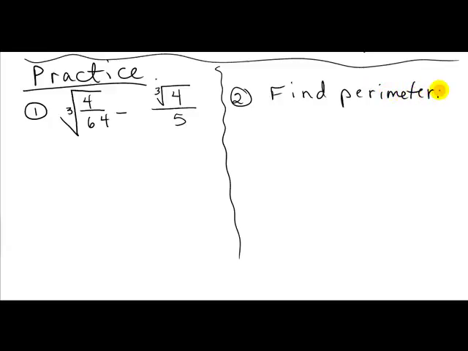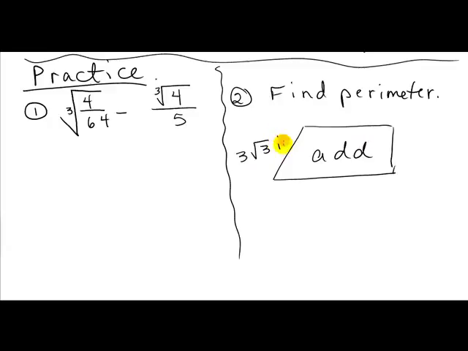Remember, to find the perimeter of a quadrilateral, you just need to add the sides. And all of this is going to be in inches.